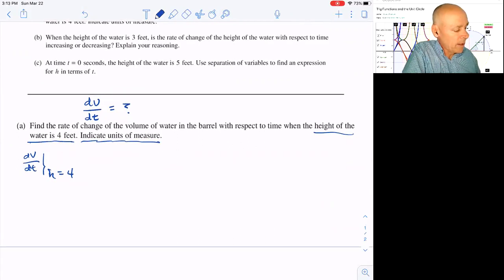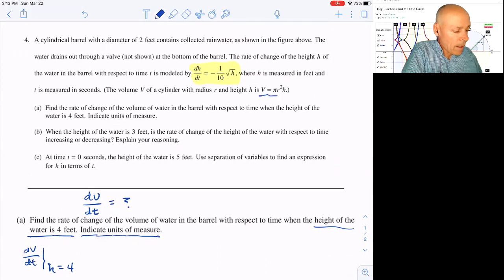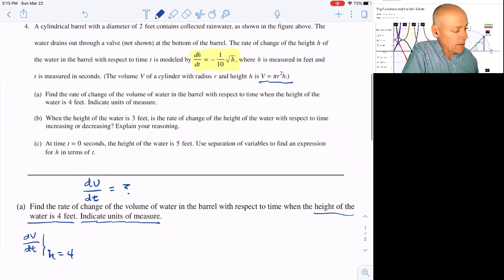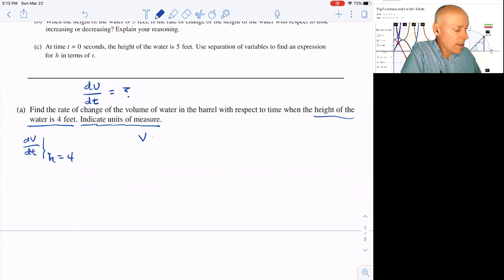All right, to come up with dV/dt, we are given the formula for the volume of a cylinder. So if we start with that, V is equal to pi r squared h.